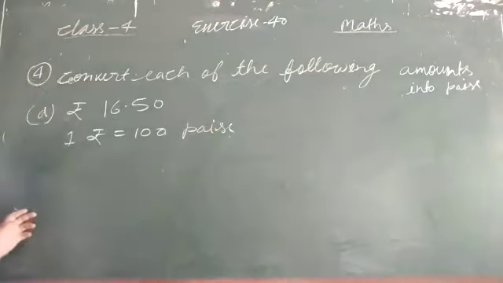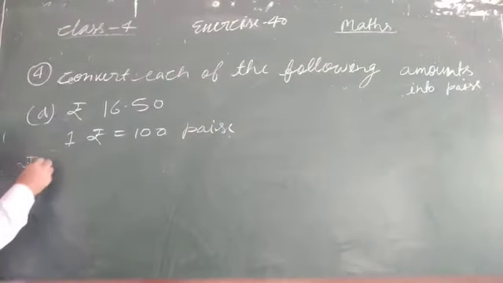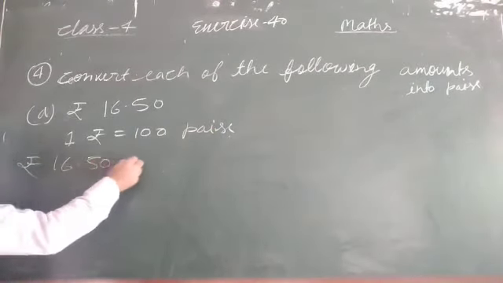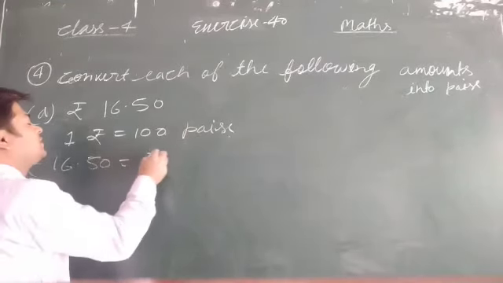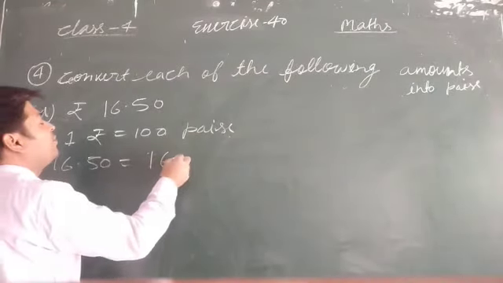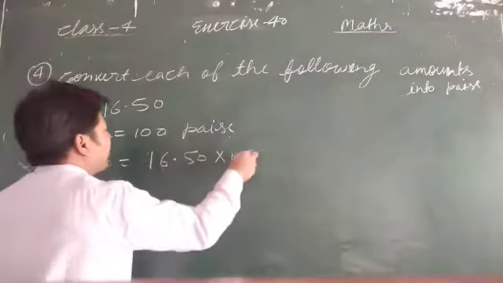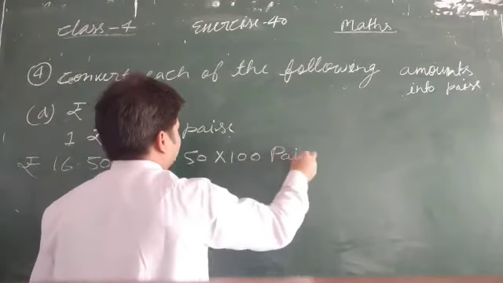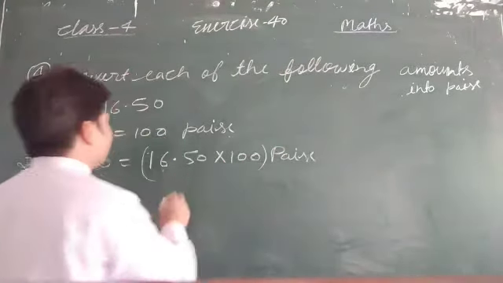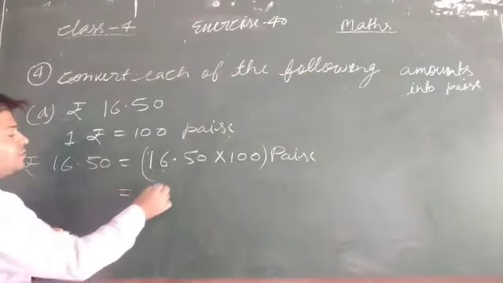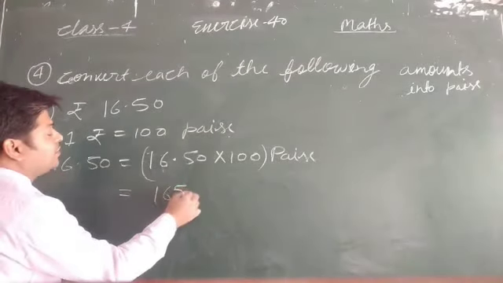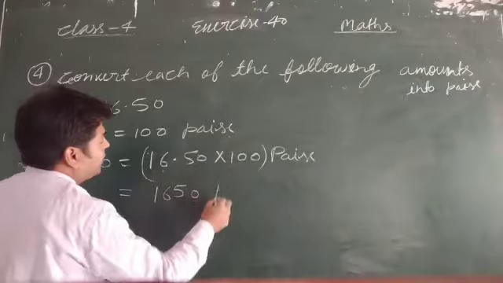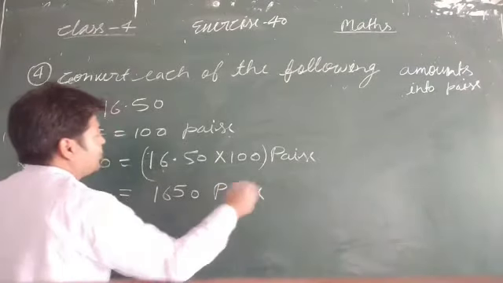Okay. So rupees 16.50 will be multiplied by 100. So you have to write here 1650 paise. Okay.